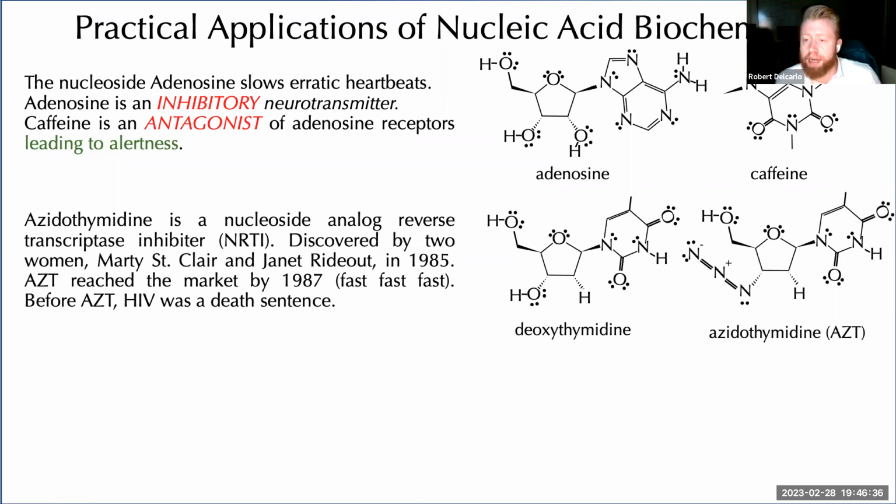They were working very desperately at the height of the HIV/AIDS pandemic to come up with a molecule that would prevent HIV from replicating its RNA viral genome, or integrating that genome into the human genome. This chemical, azithromycin, looks like thymidine, but it's essentially a chain terminator.